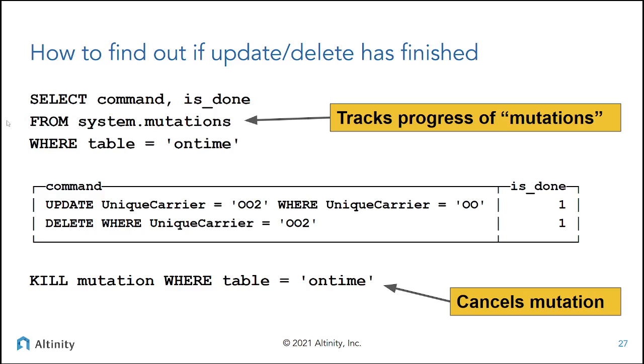Here's our first example of one of these great system tables, and you can use that to find out the status. Once they say is done, they're finished. Every now and then, one is going rogue or is just not finishing, and you can kill it. This will usually knock it off. It may take a little while to stop, but this will stop it if you need that.